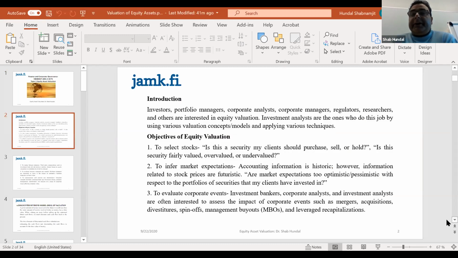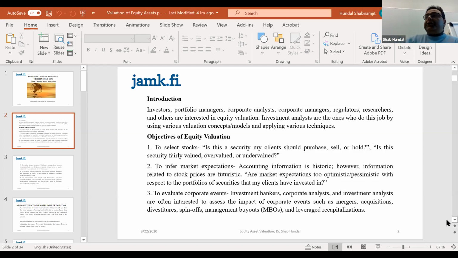Valuation is very crucial for investors, portfolio managers, corporate analysts, corporate managers, regulators, researchers, and many people. You can have a look at this first line; these are the different designations, the different positions people work in the field of finance.